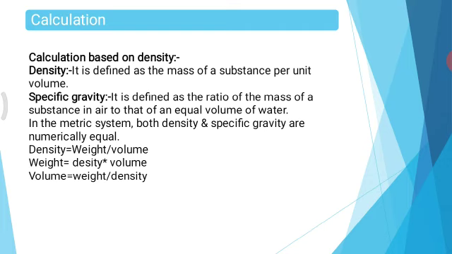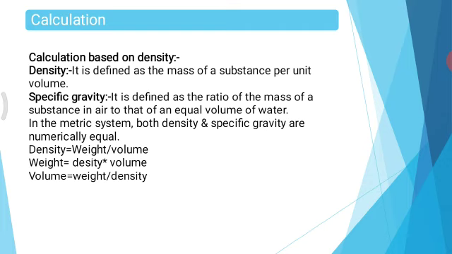Then the next definition is specific gravity. What is specific gravity? Specific gravity is defined as the ratio of mass of a substance in air to that of an equal volume of water. This is the definition of specific gravity. In the metric system, both density and specific gravity are numerically equal.